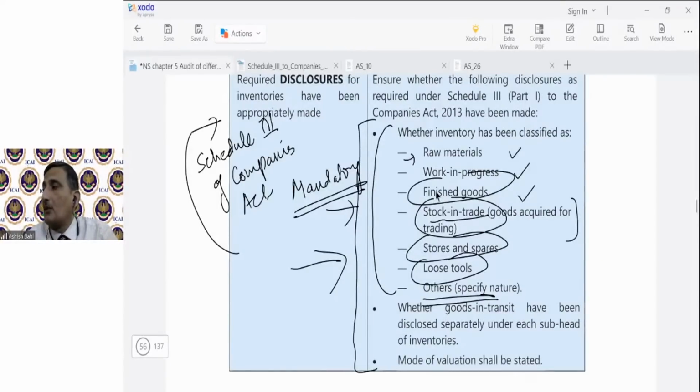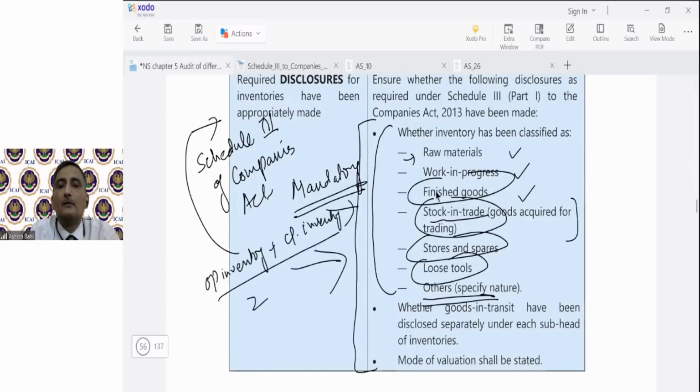Ashok Kharyal, you are asking how to calculate average inventory. Average inventory is nothing but opening inventory plus closing inventory divided by 2.